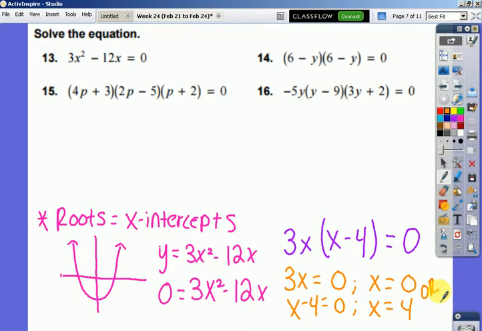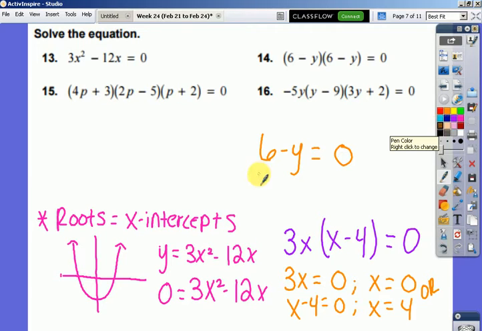Okay, 14. What is interesting about 14? I have the same root. I have what's called a double root, right? So in this case, all I have to do is set one of them equal to 0. I'm going to get the same answer. Well, what do I do to solve for y? So I could either subtract that, or subtract 6, or I can add y to both sides, right?